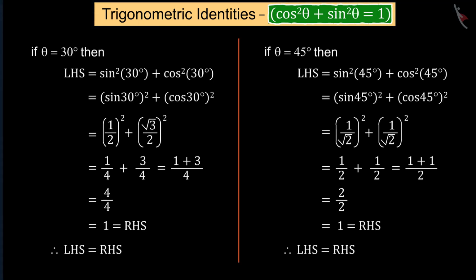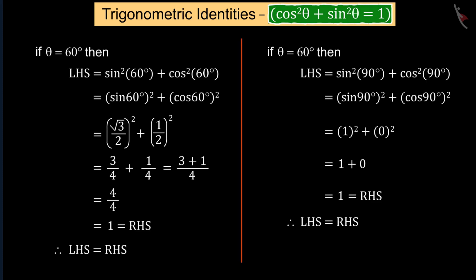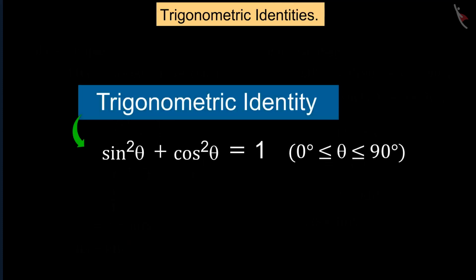Similarly, if we solve for any value of theta on the left side of the trigonometric identity, then we get a value equal to the right side of the trigonometric identity. Therefore, we can say that this is a trigonometric identity where theta has a value of 0 degrees to a 90 degree angle.